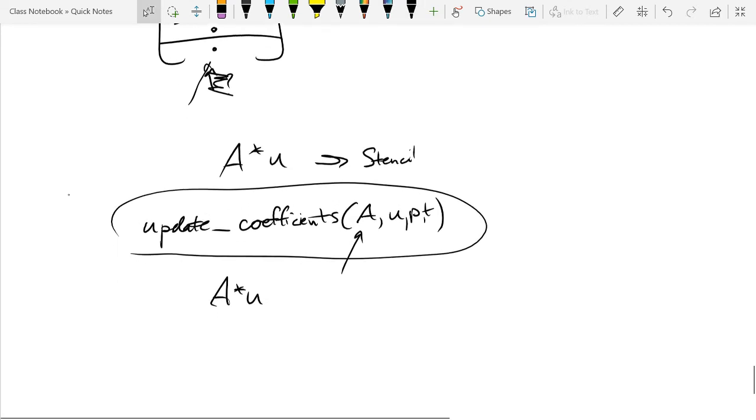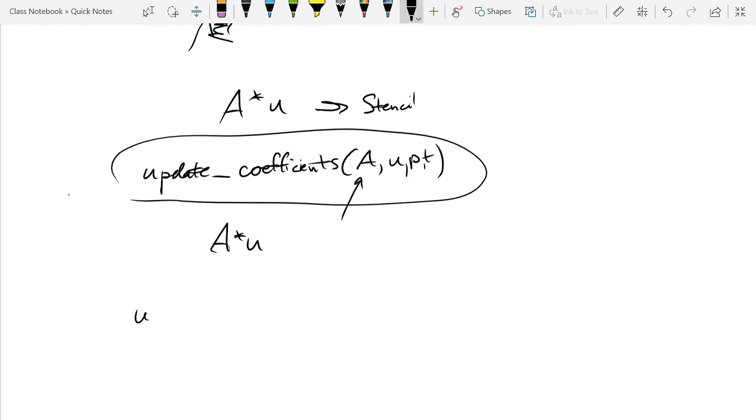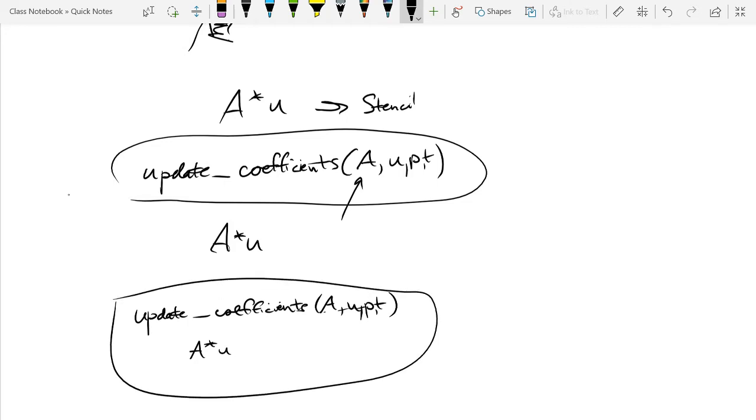So why is it done like this? Well, because if I write code that's just update coefficients and then do A times U, this code works for any A that satisfies the interface.